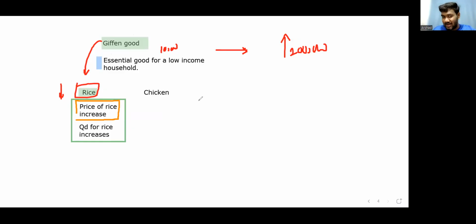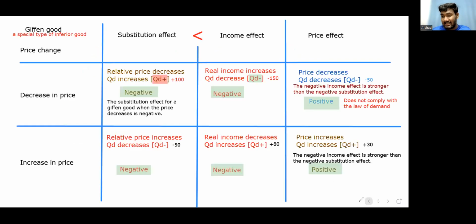We don't even have money to afford chicken now. They are buying only rice and chicken, let's assume. So they will stop eating chicken because chicken is the more luxury good now, and they will allocate all that money to rice. So when the price of rice goes up, they give up on chicken and allocate that money to rice. Quantity demanded for rice increases. Price increases, quantity demanded increases.